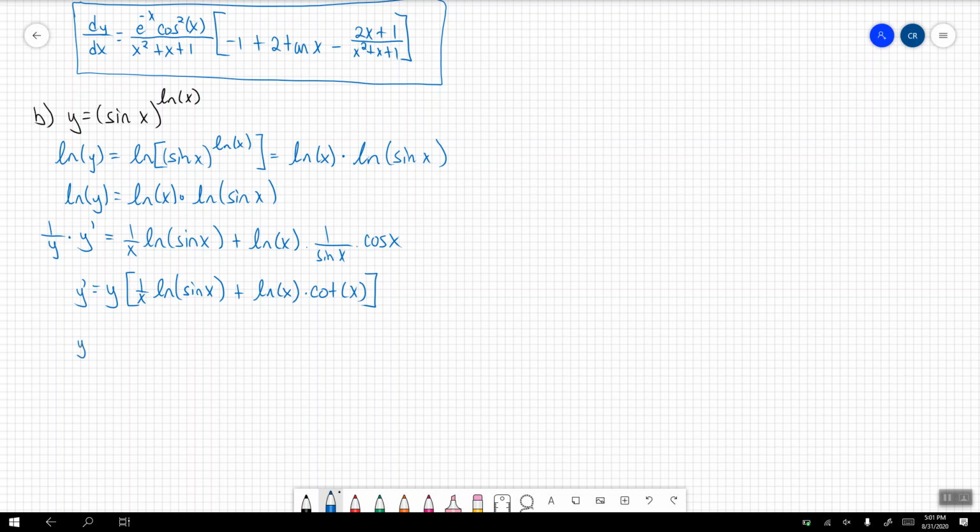Well, y from the very beginning is what was given to us. Y is sine of x raised to the power of natural log of x, and now that y is being multiplied by this whole parenthesis, 1 over x multiplied by natural log of sine of x plus natural log of x times cotangent of x. And this is your final answer.